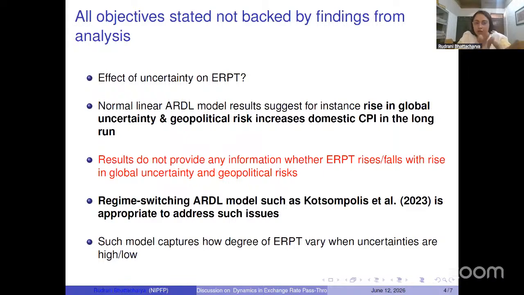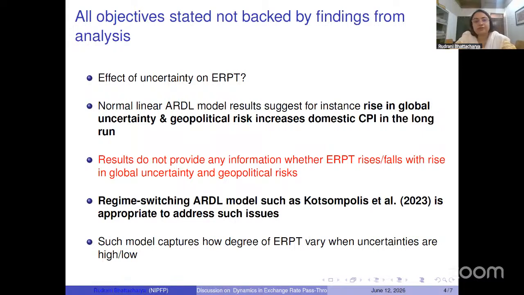So there is a huge literature on ERPT, on single country, on BRICS, on emerging economies. When I started reading the paper, my expectation was that I will get new information on how the degree of pass-through depends on different types of uncertainties. But this linear type of ARDL model doesn't capture that aspect.